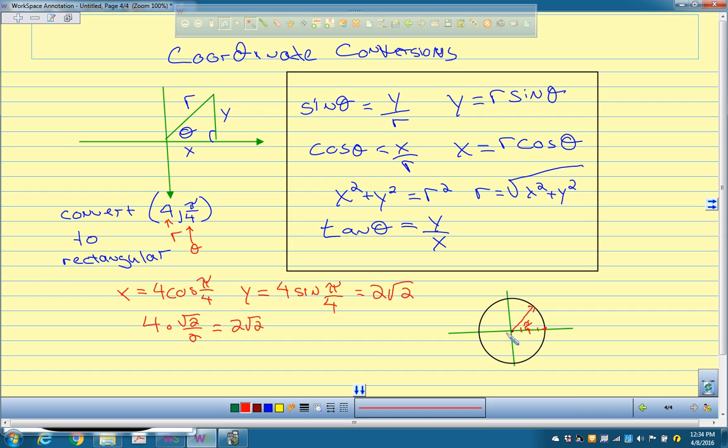That would be the same as if I went over 2 root of 2 and then up 2 root of 2. So to get there, I could either go out 4 and rotate through that angle, or I could go over 2 root of 2, which is about 2.8, and up 2.8. Isn't that cool?